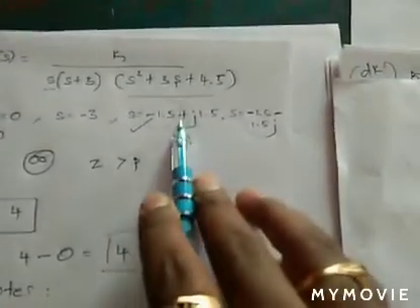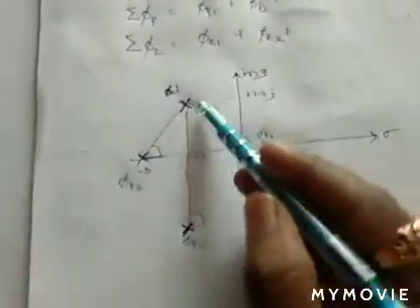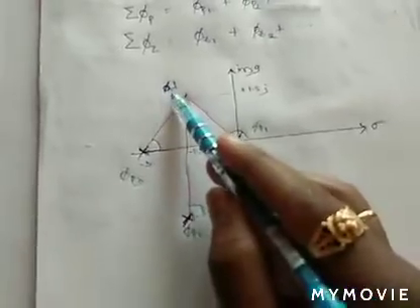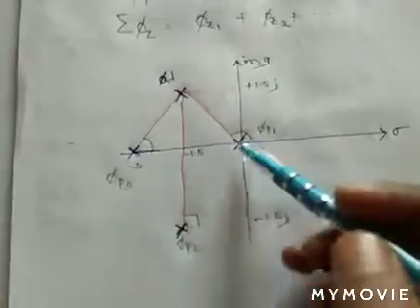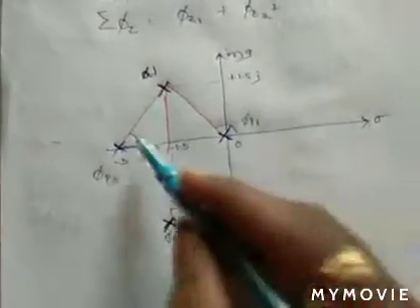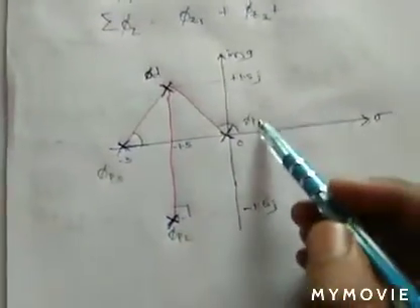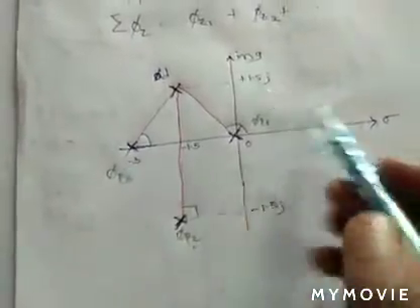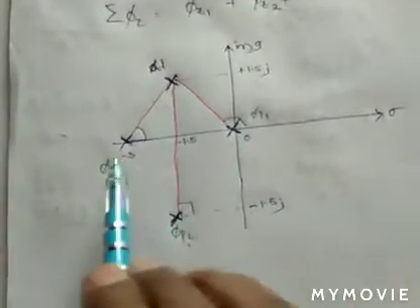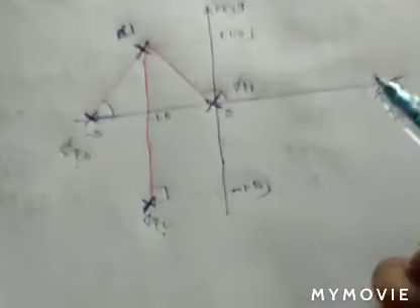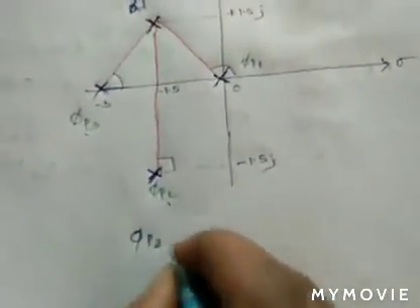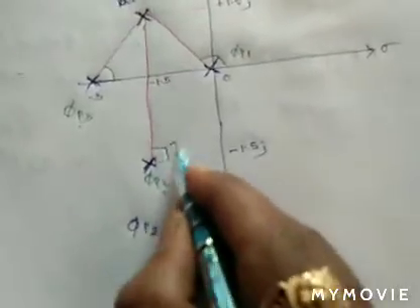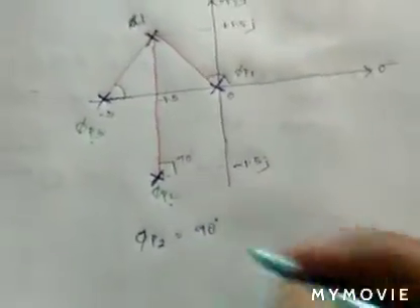I am considering this pole as phi d. From this I will mark lines to each pole and zero. Then we need to find the angles phi p1, phi p2, phi p3. Now you can see phi p2 directly is 90 degrees.